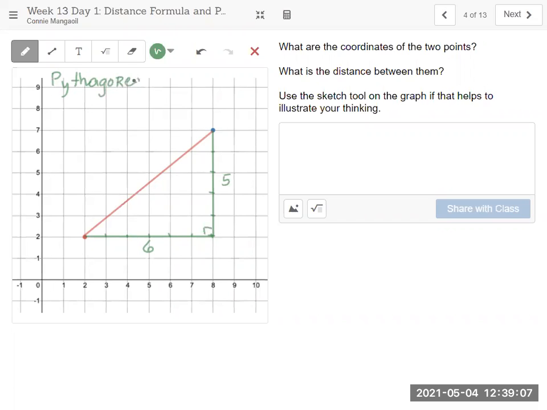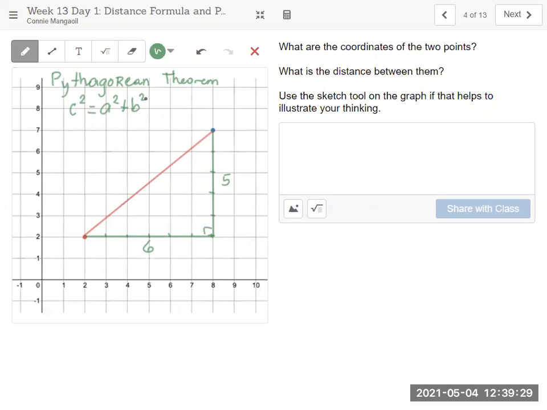Do you remember what the Pythagorean theorem is? A squared plus B squared equals C squared. Very good. I'll just flip it around, okay? So I'll write down C squared is equal to A squared plus B squared.